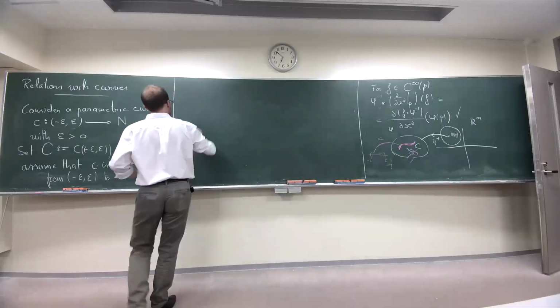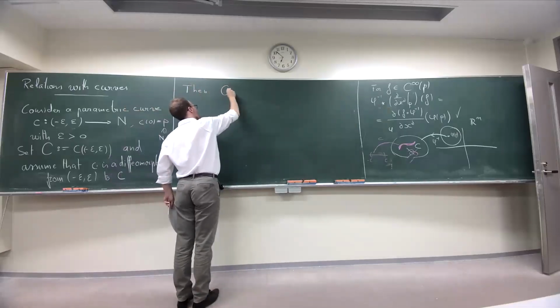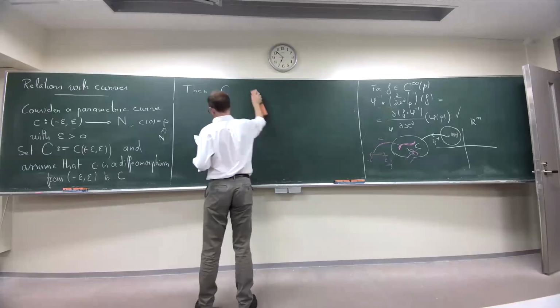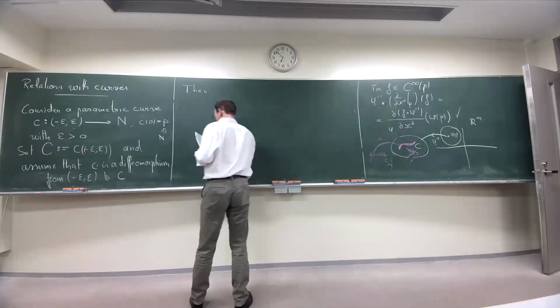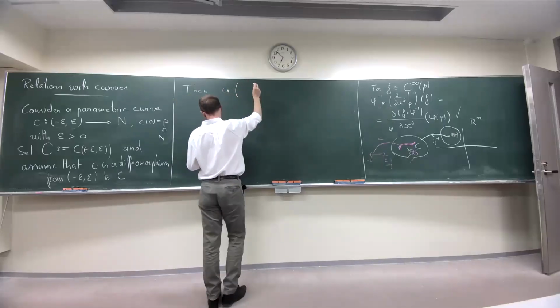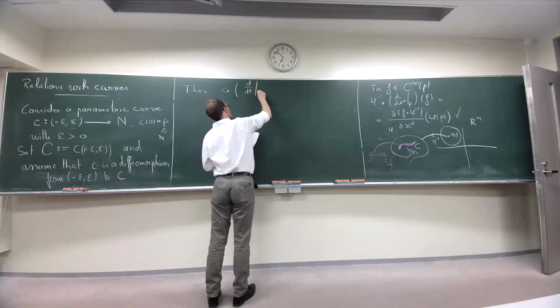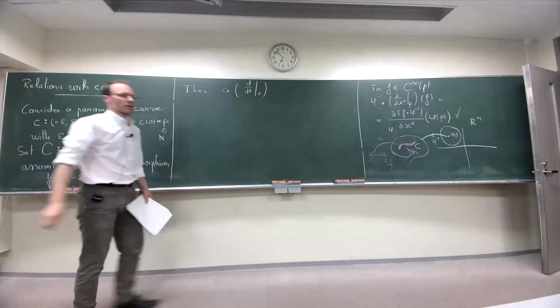Okay. Then what we can consider is, so it's a small c, and small c star of d over dt at 0. What is this object?